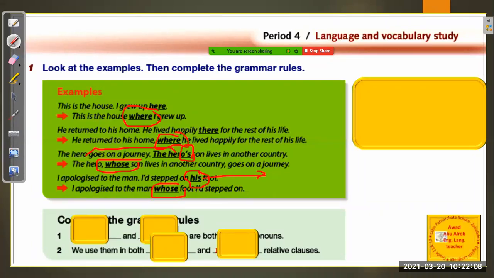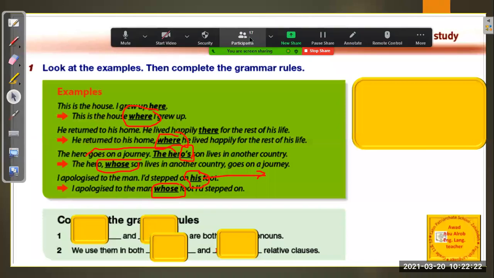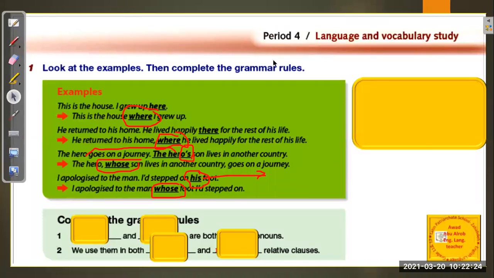Now, can you tell me the difference between the first two and the second two? Yes, Amal. Teacher, the first two sentences talk about a place, the last two talk about a name.